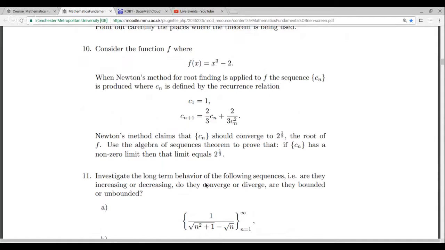It allows us to take a limit of this complicated sequence, which is built up out of the simpler sequence Cn, and it allows us to substitute the limit of Cn into that arithmetic expression, 2/3 times Cn plus 2 over 3 times Cn squared, to get this equation just involving the limit C. Then that can be solved algebraically to find the value of the limit.